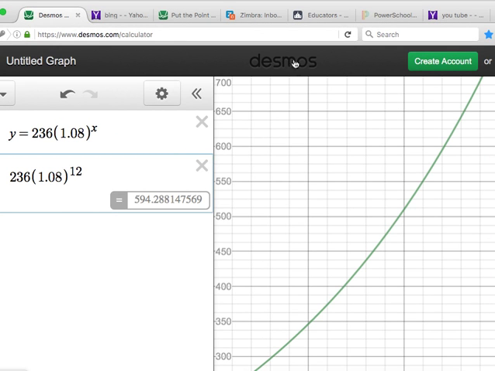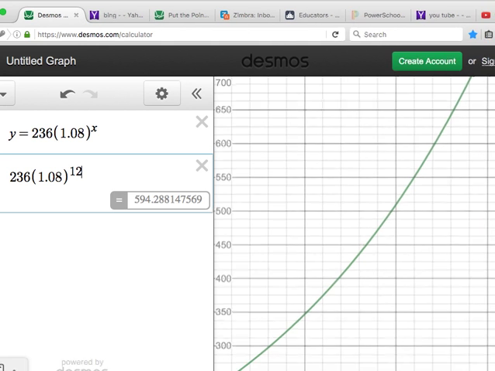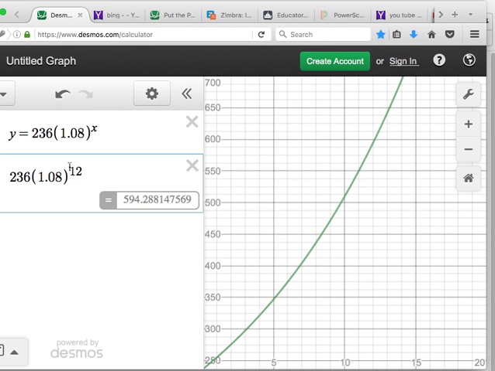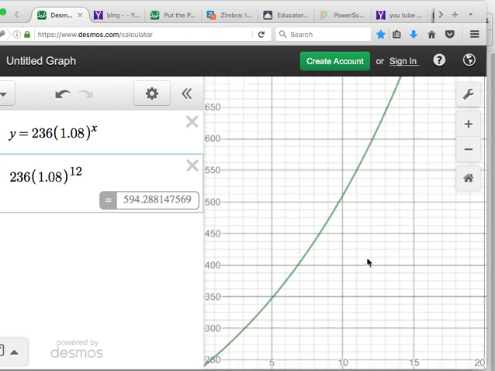So what I've done here is I've put the information into Desmos. So there's my equation. Let me see if I can make this just a bit smaller so you can see it better. So there's the equation: y is equal to 236 times the quantity 1.08 raised to the x power. And you can see that I have it graphed here.